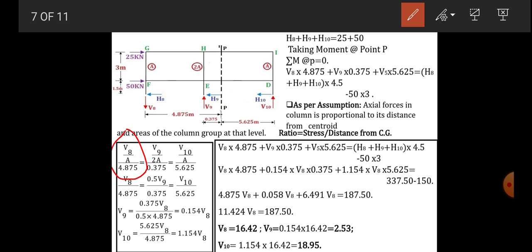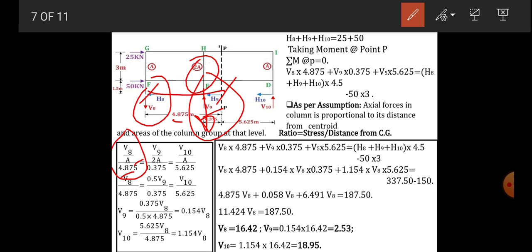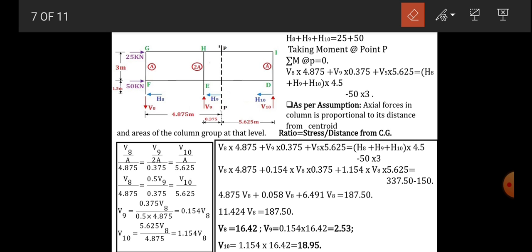First is the first column: axial force V8 divided by area means stress, and the distance up to the centroidal axis is taken as 4.875. Next column, its area is 2A, and the axial force is V9. So V9 divided by 2A into this perpendicular distance, 0.375, up to the centroidal axis.